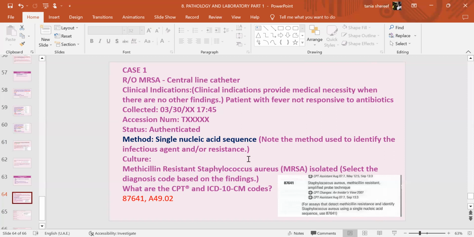So if we are identifying the MRSA using single nucleic acid sequence, then we have to report 87641.